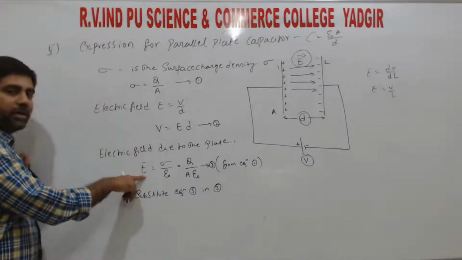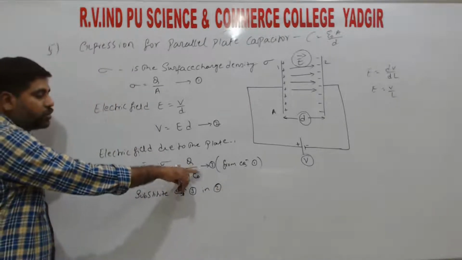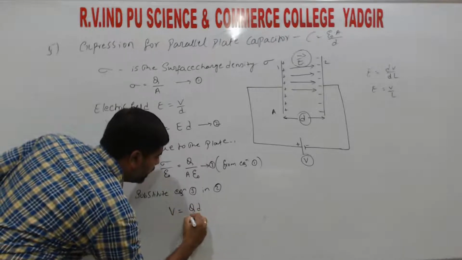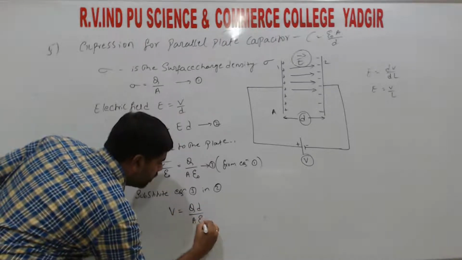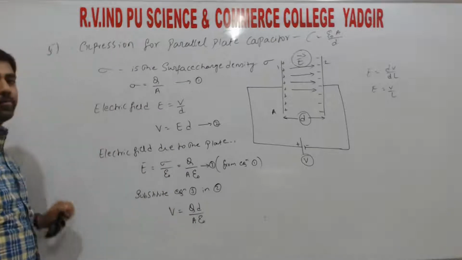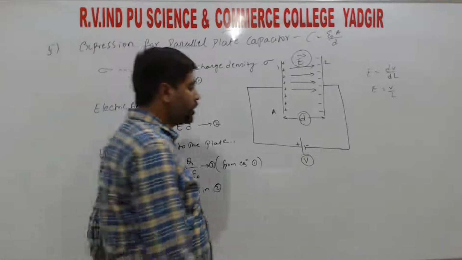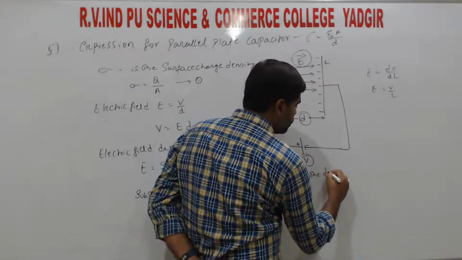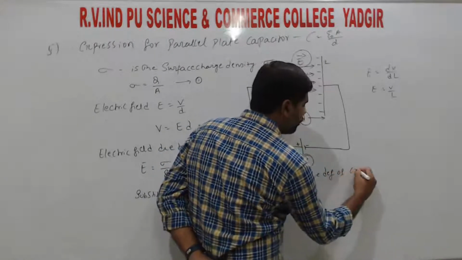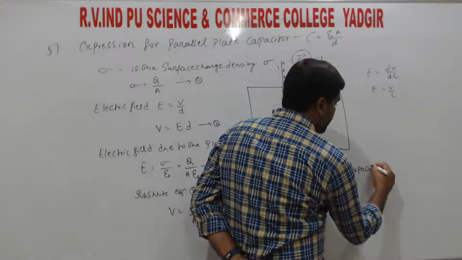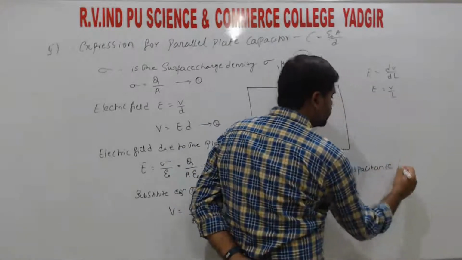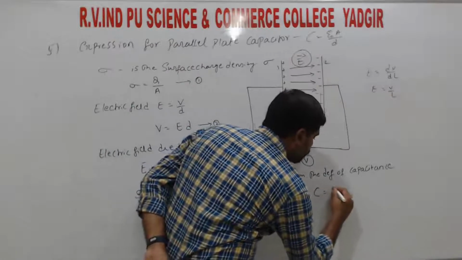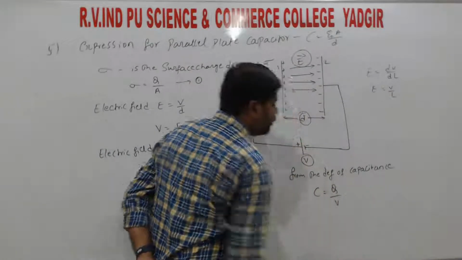So in equation 3, E again we need to substitute this value, then V is equal to QD divided by A epsilon naught, right? So from the definition of capacitance, C is equal to Q divided by V, right?